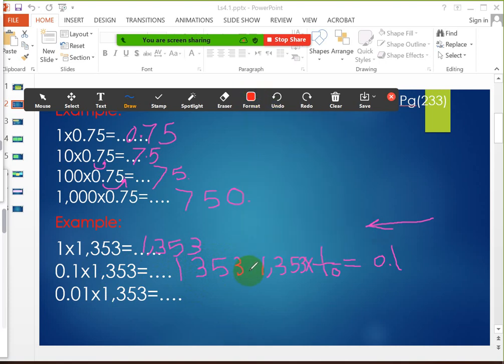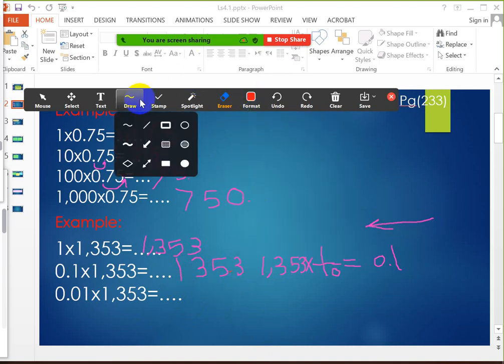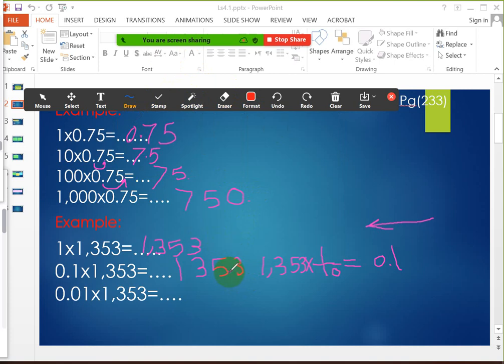The decimal point will be right here all the time. And I want to move the decimal point to the left side just 1 digit. So it will be from here to here. Okay? So the number will be 135.3, tenths, sorry, 0.3 tenths.